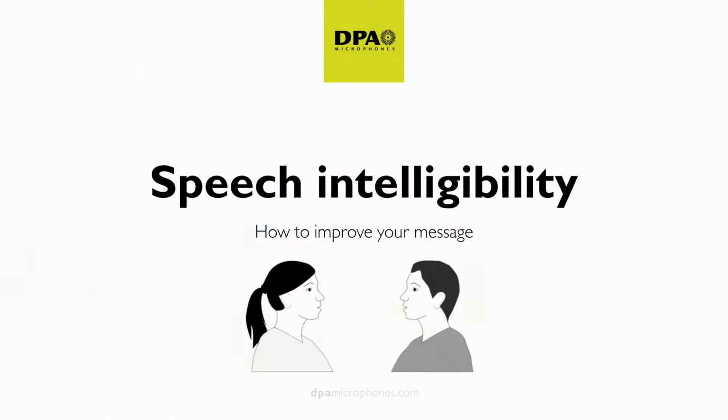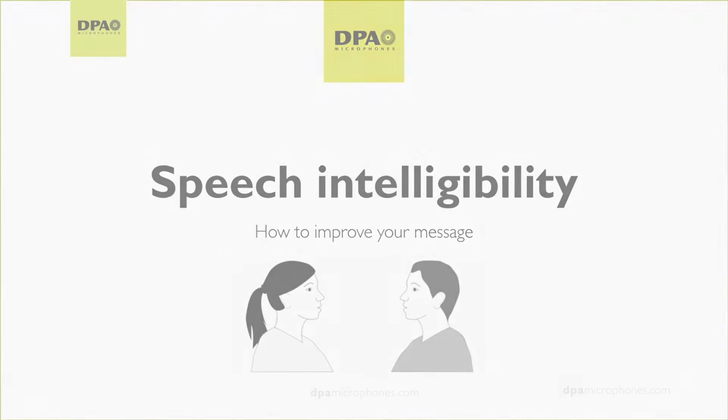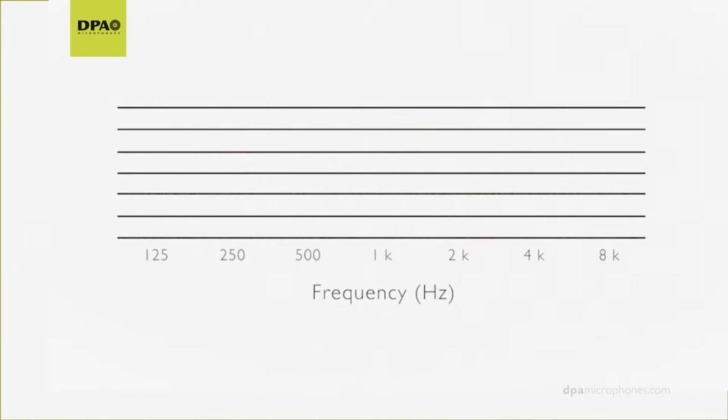So basically, speech intelligibility, the ability to understand what's being said or sung. Well, to begin with, the frequency range of the speech lies from just below 125 hertz to just about 8 kilohertz, 10 kilohertz in that area.